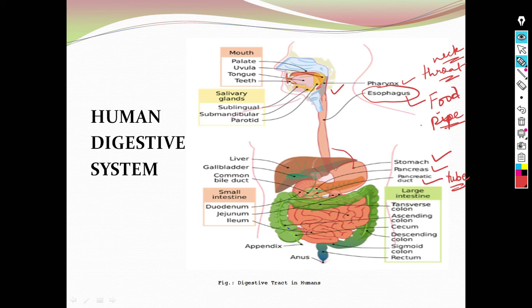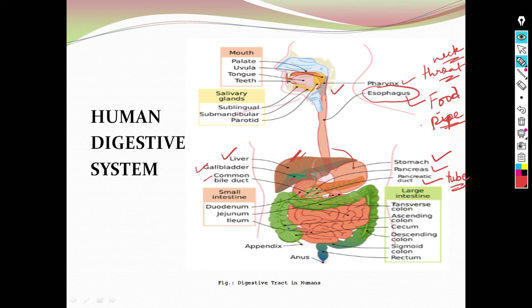After that, you can see here is a big liver, a little bit pinkish or brown in color. Then there is the gallbladder, greenish. Then there is a common bile duct through which the gallbladder collects some bile, the liver also collects some bile, the pancreas also, and then this bile duct is opening here.